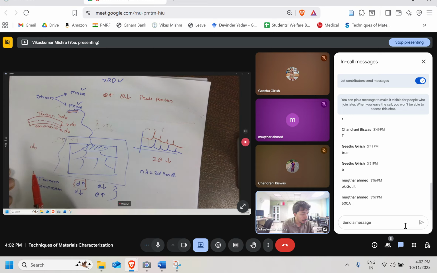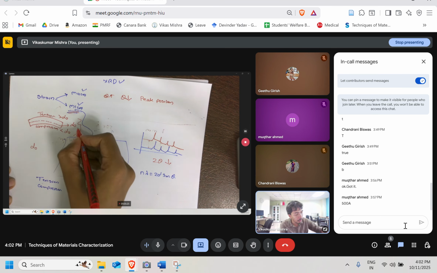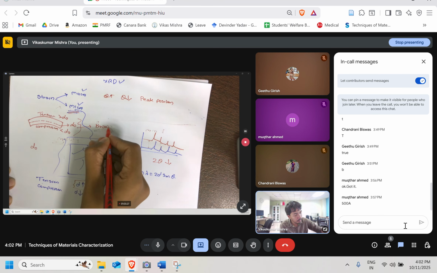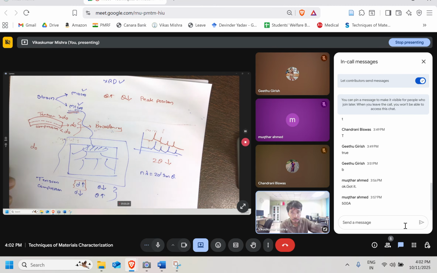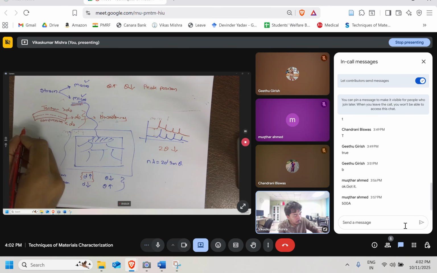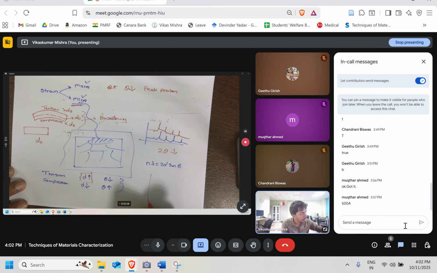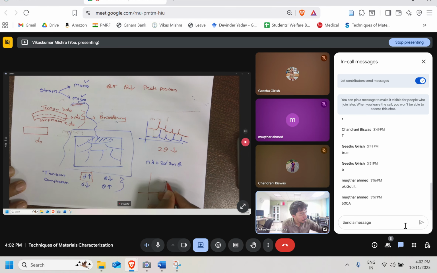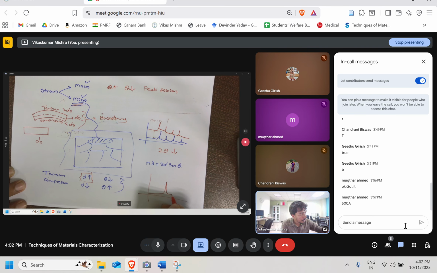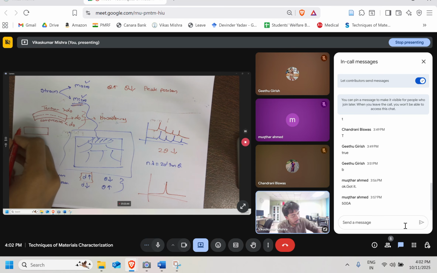Now this strain is going to affect our broadening. Let's say we have a crystal which is neither in tension nor in compression at a particular local region we are talking about. In that case, our broadening will be like this. This was case 1.